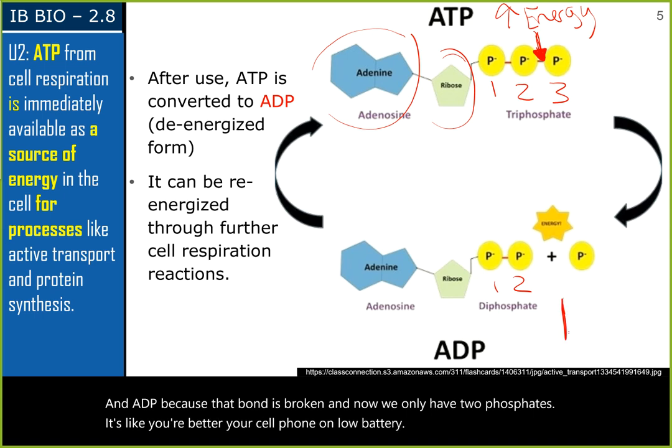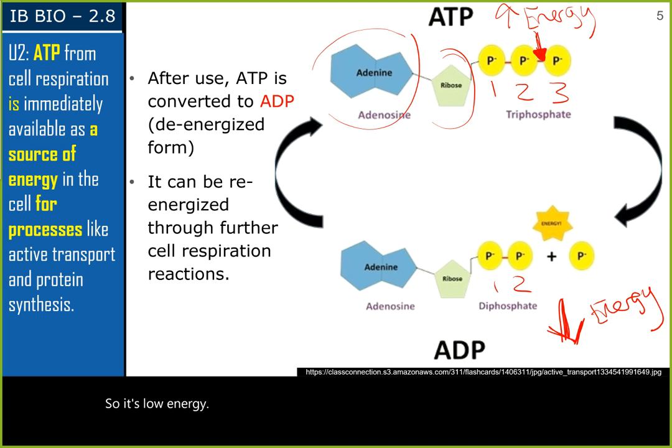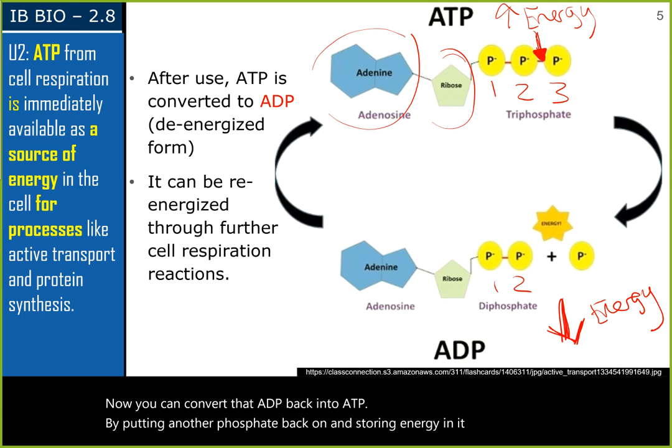So it's low energy. Now, you can convert that ADP back into ATP by putting another phosphate back on and storing energy in it. So ATP and ADP can be recycled.